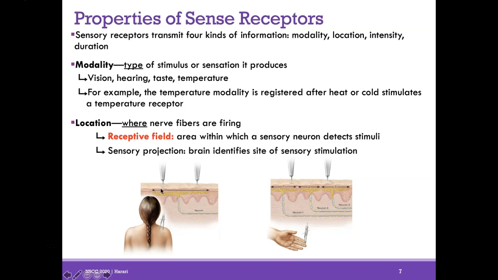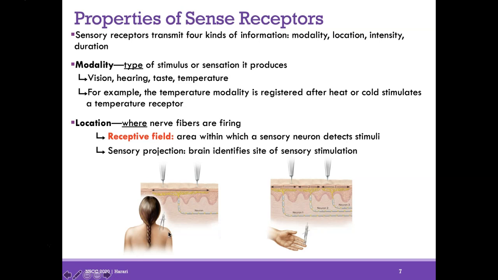Regardless of how many points you put in here, your brain is still going to interpret this as just 1 point, because this receptive field is like a yes or no answer. Is there a stimulus? If this neuron is stimulated, you're going to feel a point there. Your brain is going to identify some kind of stimulation in this receptive field.